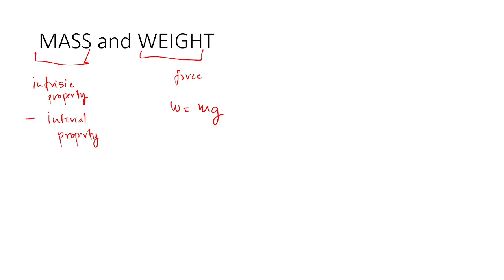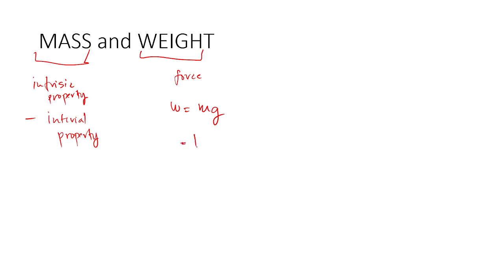Not unlike our weight, which is actually a force, wherein weight is actually equal to our mass times the acceleration due to gravity. And, ayun, so magbabago siya. So meaning to say, for 1 kilogram of mass, it has actually a force or a weight that is equal to 9.8 newtons. So bakit ko nasabi yun?